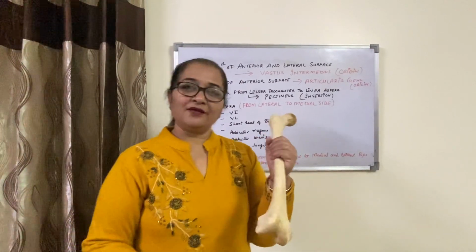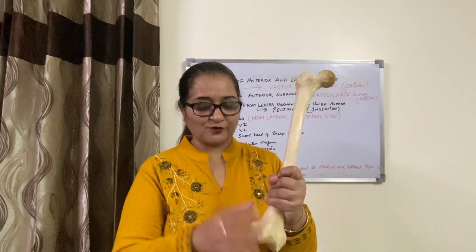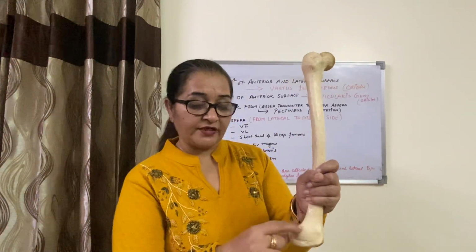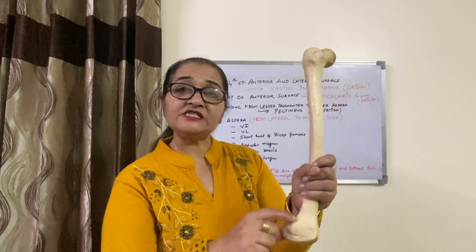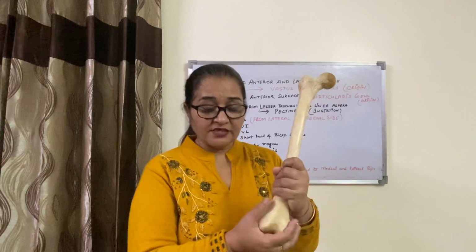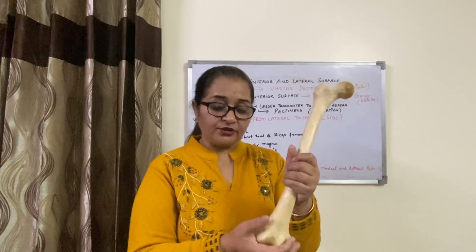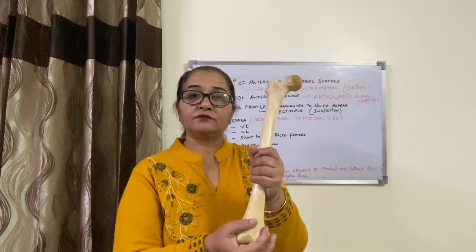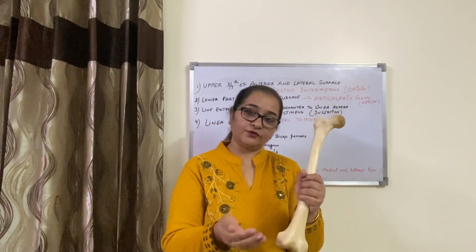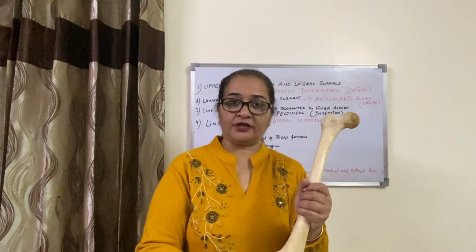Now there are certain important points related with femur. One important point is that the epiphyseal line passes through the adductor tubercle. Second, as I have told you, the secondary center for the lower end appears by the 9th month of intrauterine life.